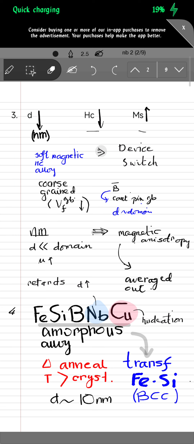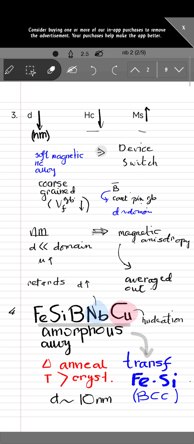Now, in the case of nanomaterials, the domain size is much more than the grain size, whereas in coarse grain materials, the domain size is equivalent to the grain size. So all these factors lead to the magnetic anisotropy getting averaged out in nanomaterials.